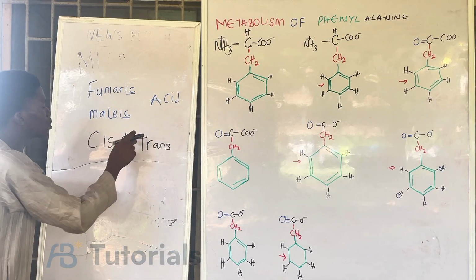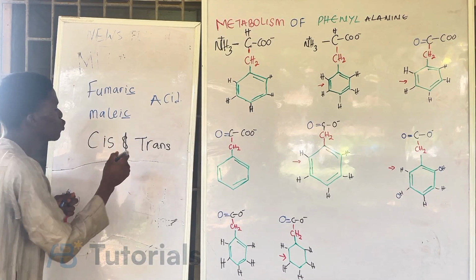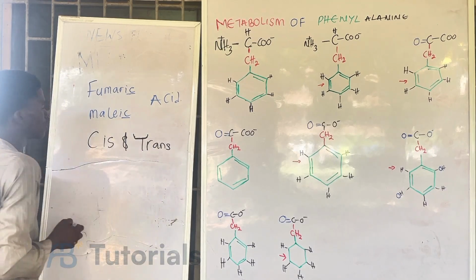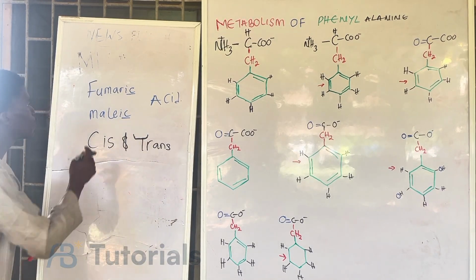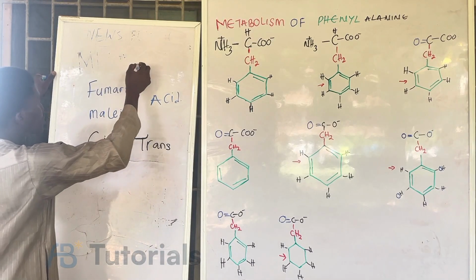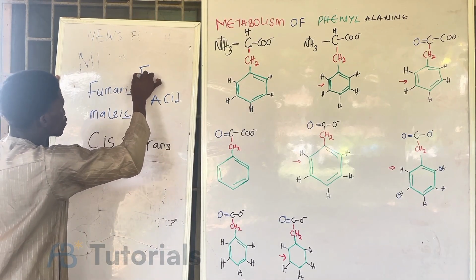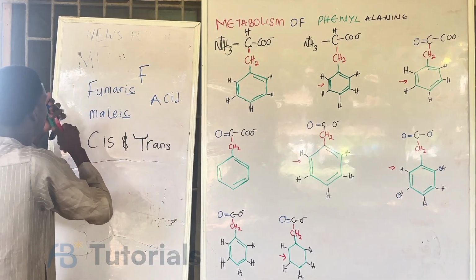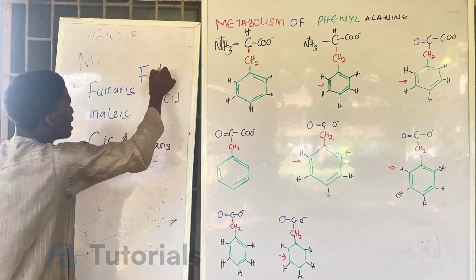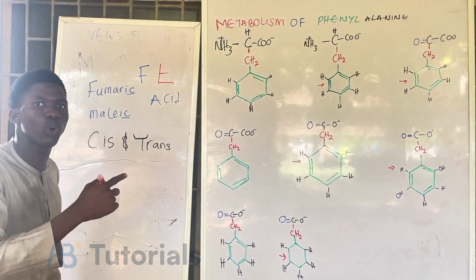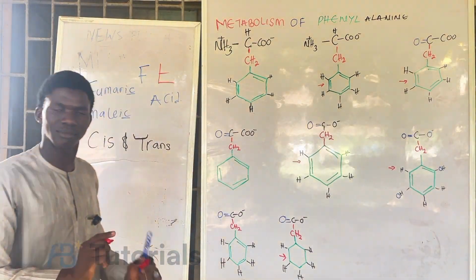But how do you know which one is the cis and which one is the trans? Looking at fumaric, just take the name. It starts with F, right? Turn this F upside down, and you are going to get a T. That is to tell you that fumaric is the trans isomer.